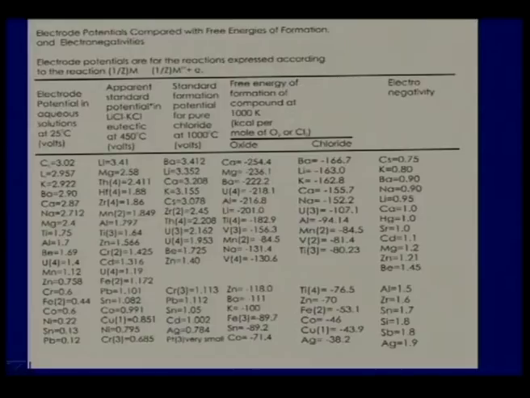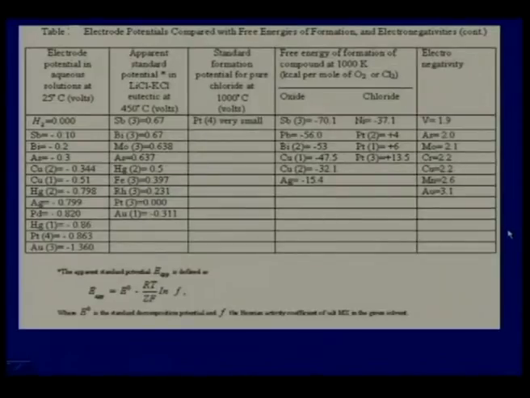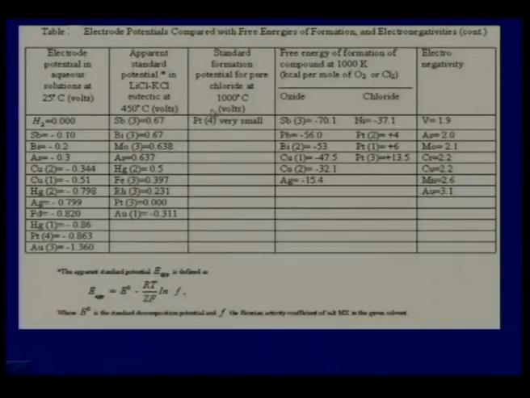But what you should understand from a series like this is that there is a very clear-cut way of understanding which metals are more active as compared to the other metals in terms of values of electrode potentials in aqueous solutions as compared to the hydrogen electrode, or electrode potentials in halide melts in terms of the corresponding halogen electrode, and also in terms of the free energies of formation of various compounds.